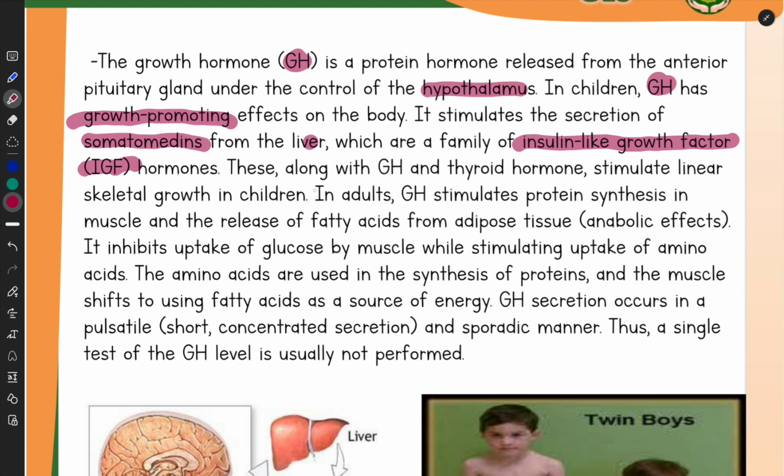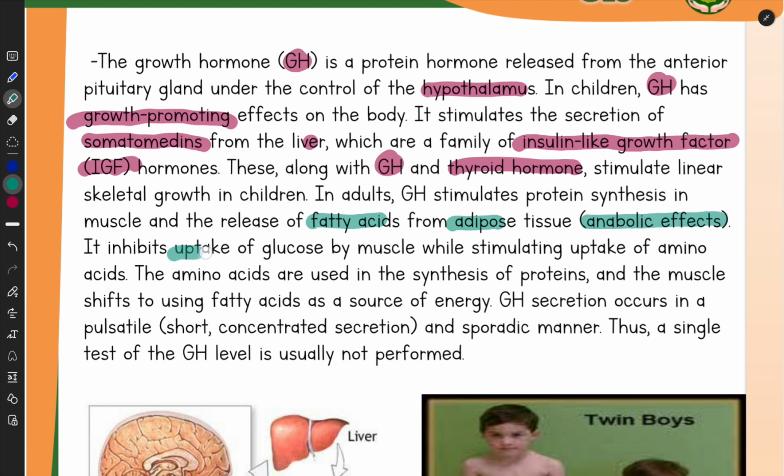These along with GH and thyroid hormone stimulate linear skeletal growth in children. In adults, GH stimulates protein synthesis in muscles and release of fatty acids from adipose tissue, an anabolic effect.